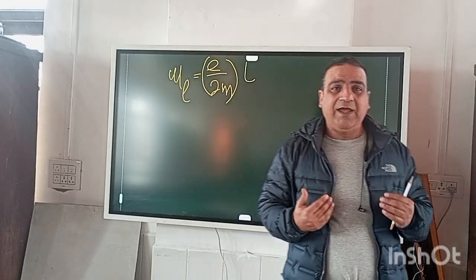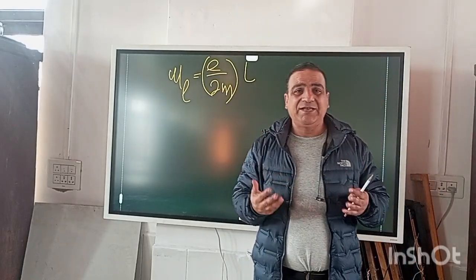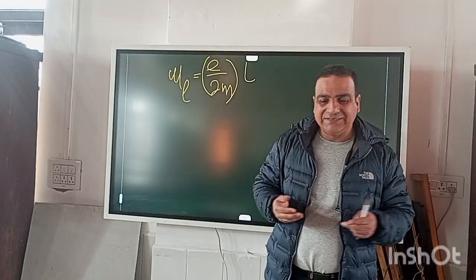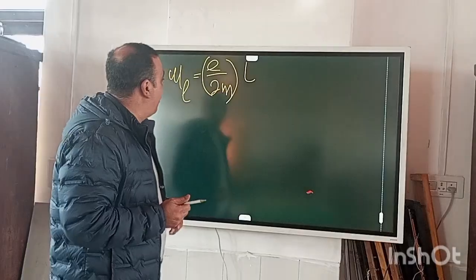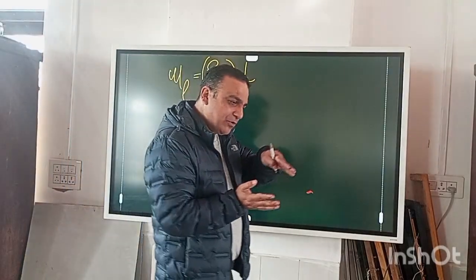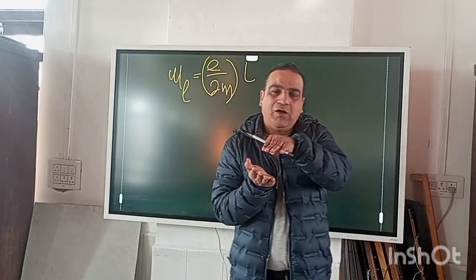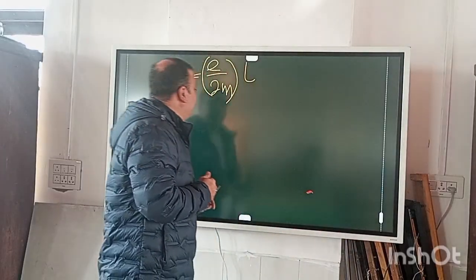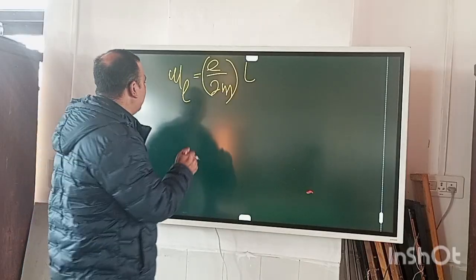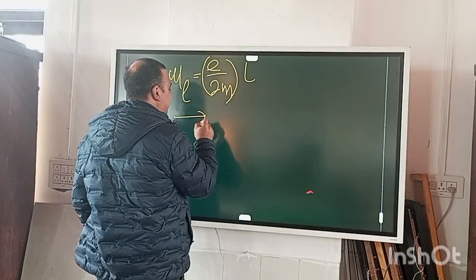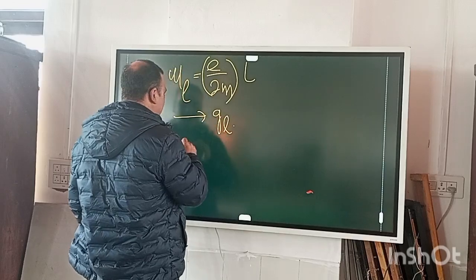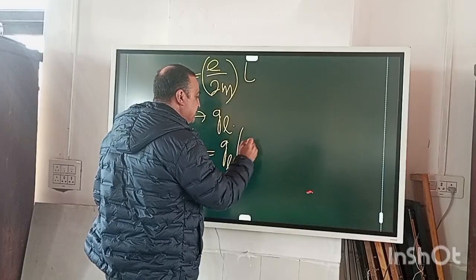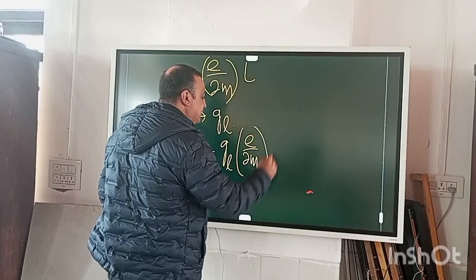What we talk about as spin here is just a number. It's a fraction. It can be either 1 by 2 or minus 1 by 2. So in order to differentiate the orbital magnetic moment of an electron from the spin magnetic moment of an electron, we introduce a constant, which we treat as GL. So we can write mu L is GL times E by 2m times L.